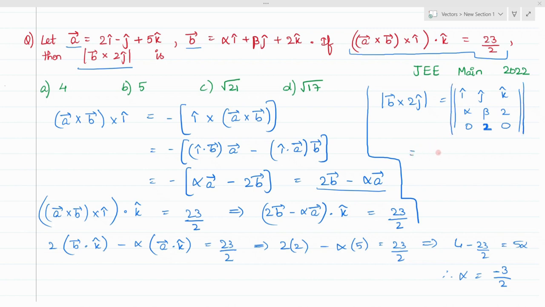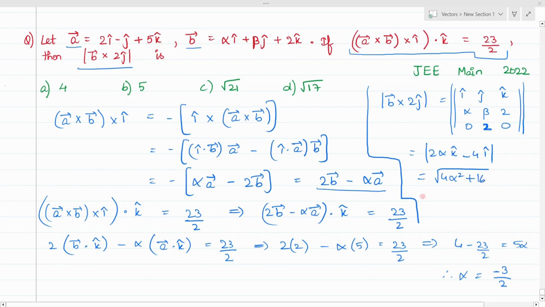So it becomes 2 alpha k cap minus 4 i cap. Magnitude, it becomes root of 4 alpha square plus 16. We got the value of alpha, that is minus 3 by 2. 9 by 4 times 4 plus 16, that is root 25, which is 5. So 5 is the correct answer to this question.